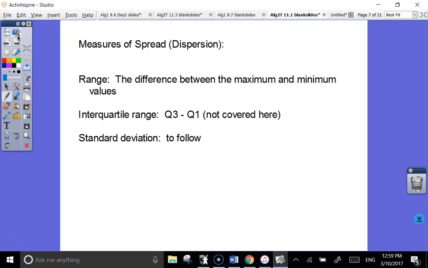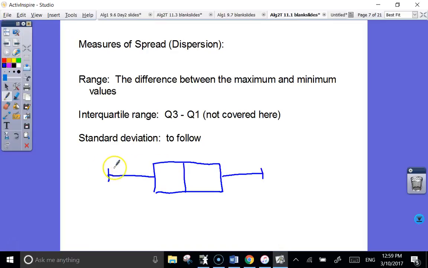The interquartile range, you did that one before, if you remember this, right? What's that kind of diagram called? Nobody? Box and whisker? Box and whisker, right?